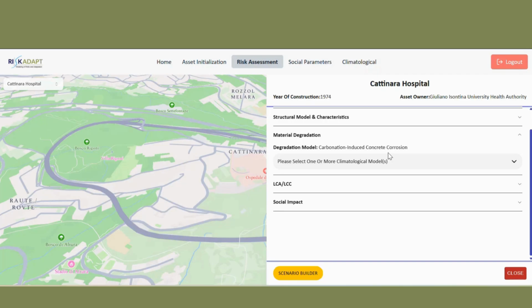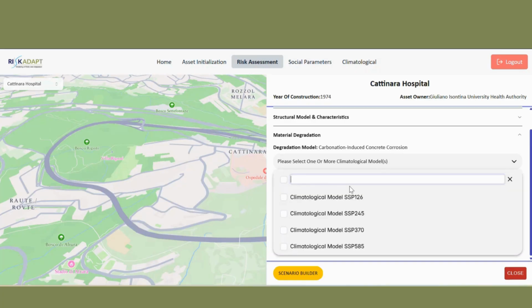So we got climatological data from our partner Finnish Meteorological Institute, FMI, and for different SSP scenarios. I think that Marco, in the previous session, talked a little bit about the different SSP models which are related to the greenhouse gas emissions. And in this case, we consider these 4 scenarios.